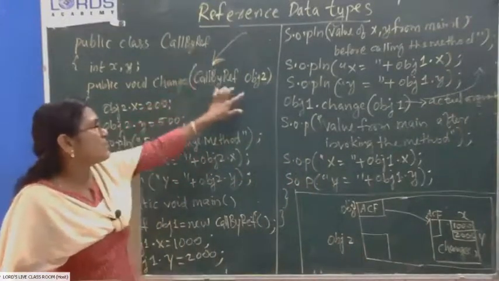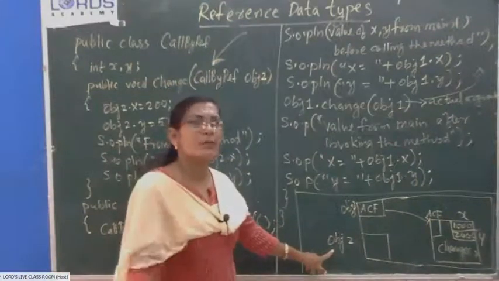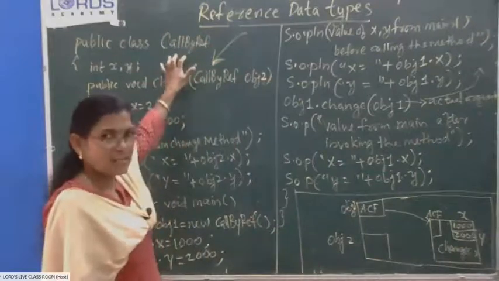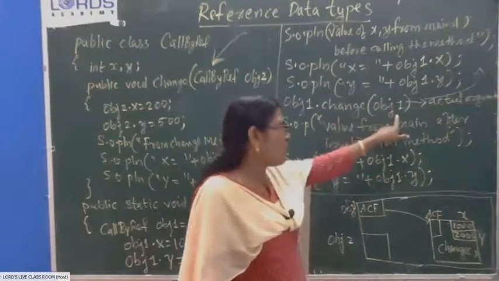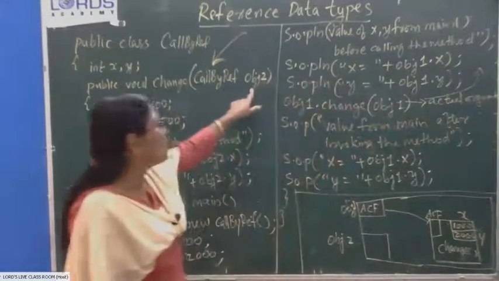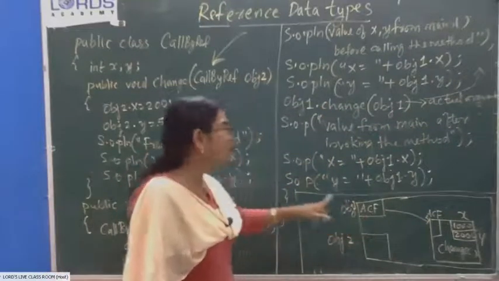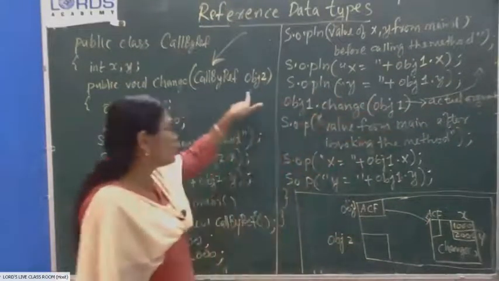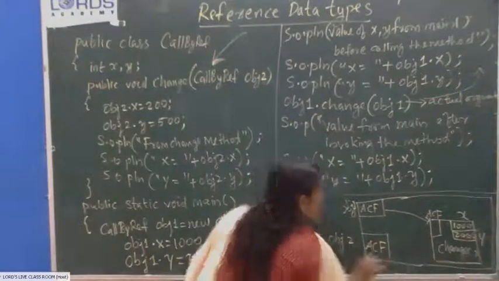Same class type. So obj2 also can be used to point to an object of this class. In the method call we used obj1. Its value will be copied to obj2. What is there in obj1? ACF. That will be copied to obj2. So ACF will be copied to here.